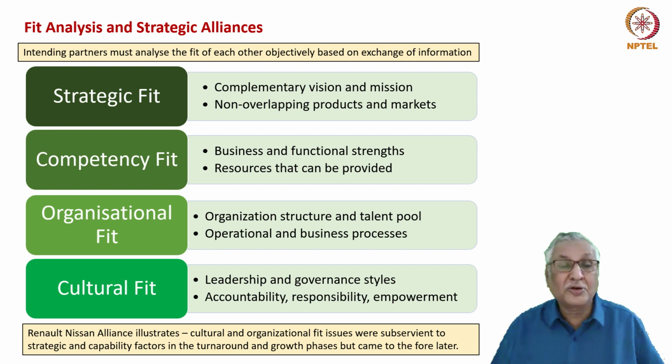The alliance between Renault and Nissan illustrates that cultural and organizational fit issues were subservient to strategic and capability factors in the turnaround and growth phases, but they came to the fore later when the basic purposes of the alliance had been fulfilled. It is almost like Maslow's need hierarchy.